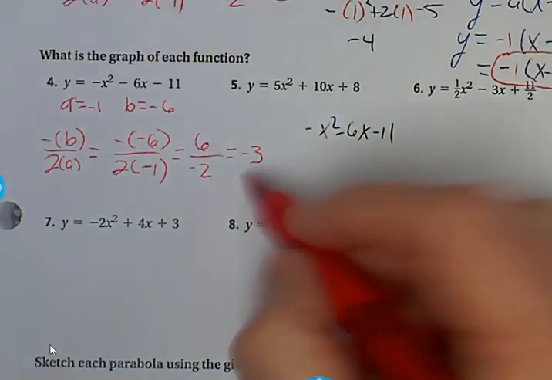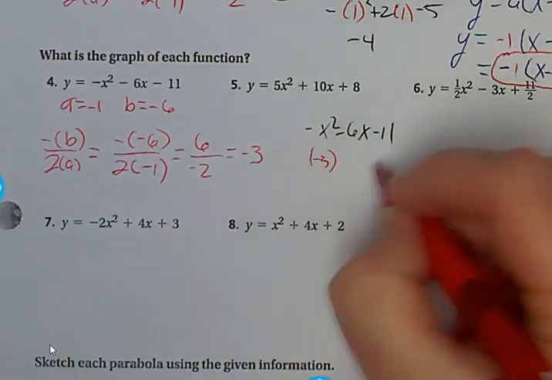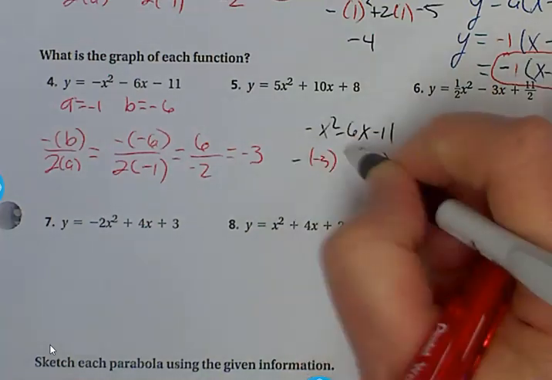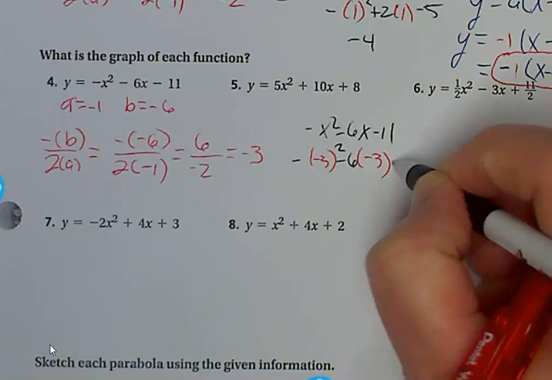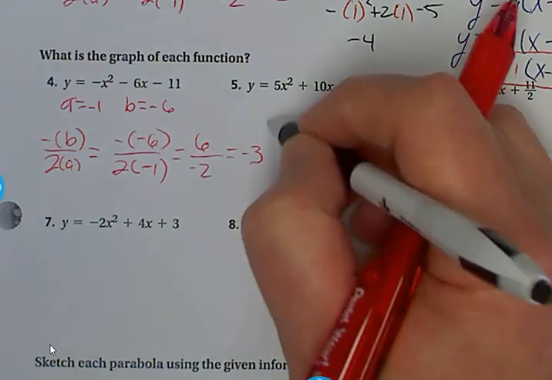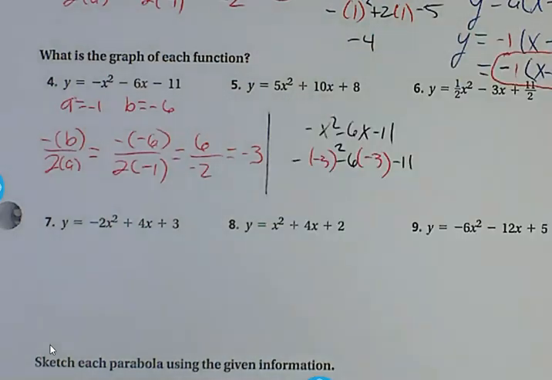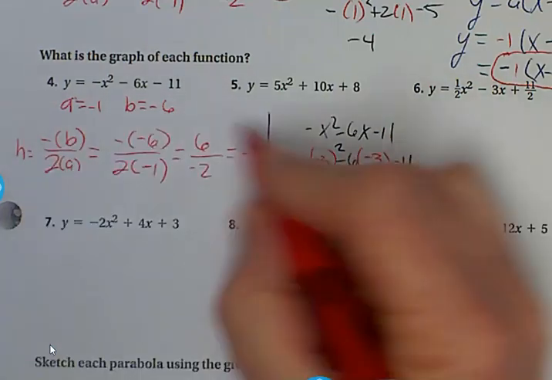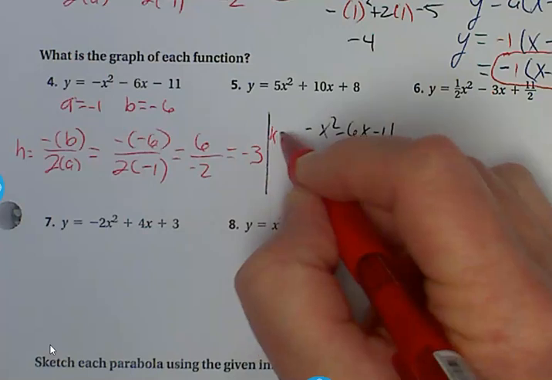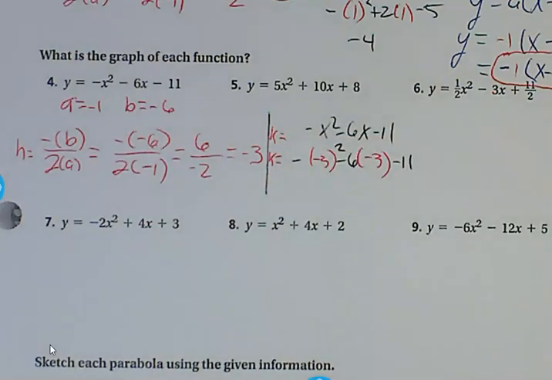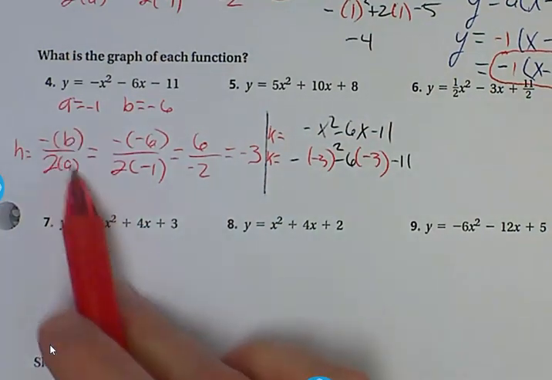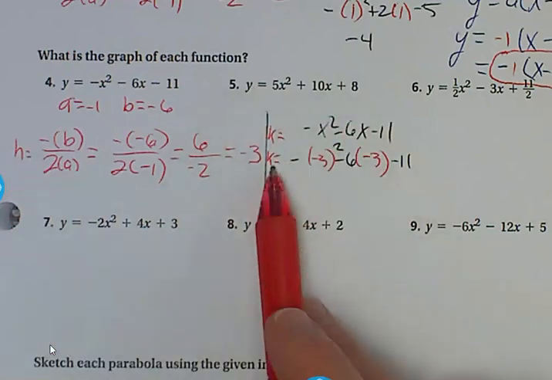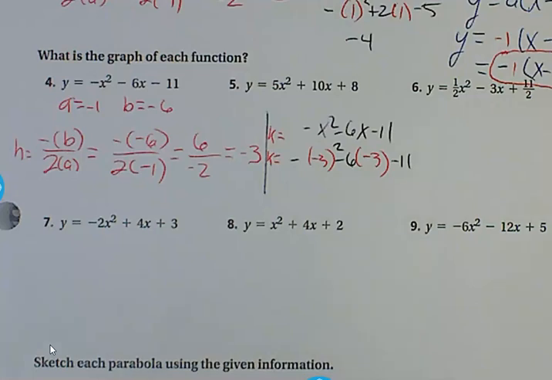Okay, so then we're going to plug -3 in here, plug it in there, and then everything else goes on the outside of it. Technically, this would be the f of x, or the y, or the k, whatever you want to call it. So we're sticking with the vertex. This is the -b/2a, that's the h part of the vertex. When you plug this thing in, that's the k part of the vertex.